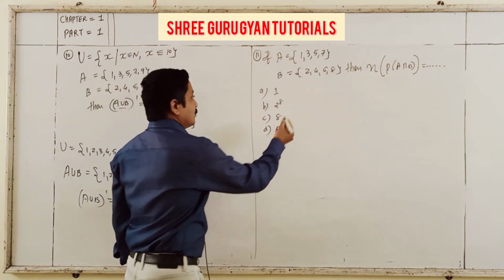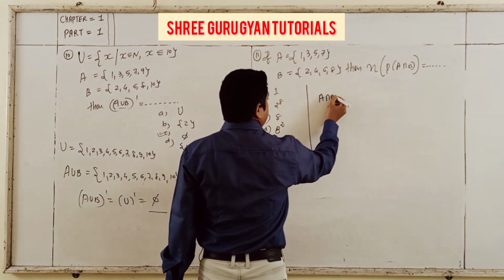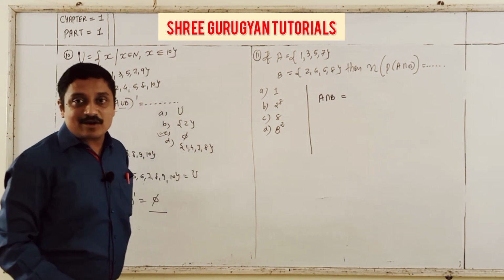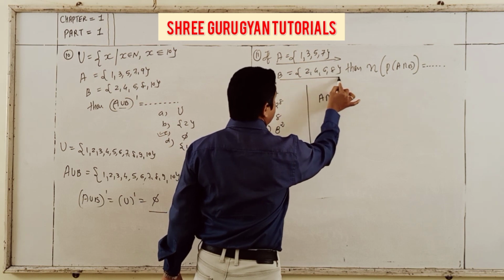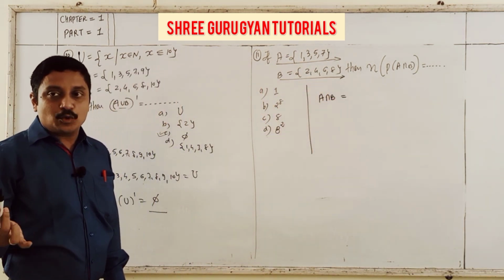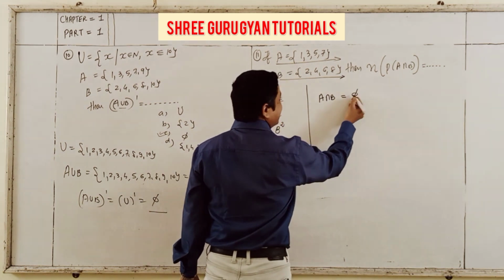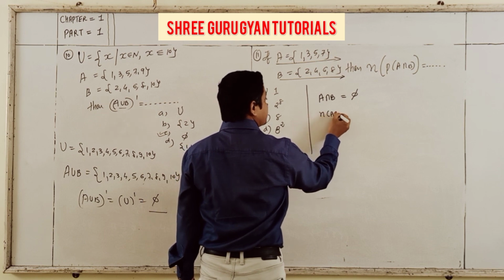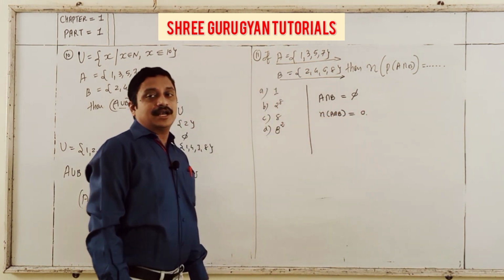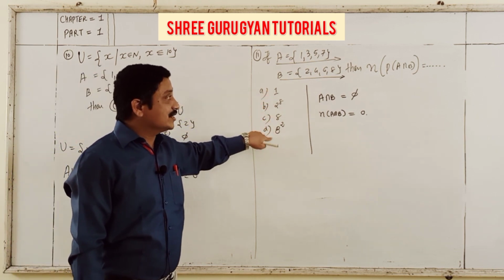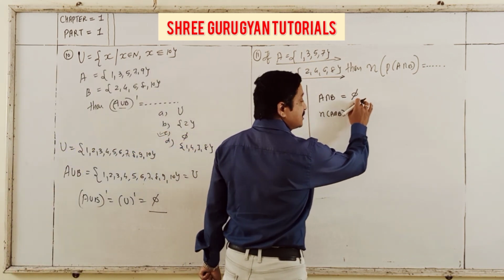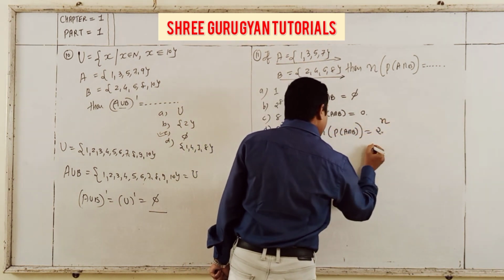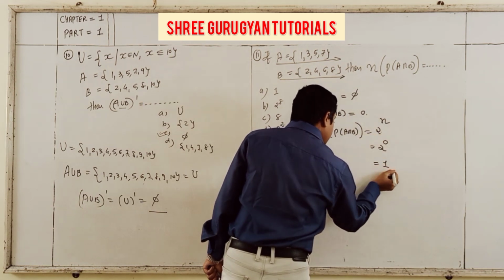First I find only A intersection B. Anybody? What is A intersection B? Which numbers are common between A and B? Nobody knows? Yes, it is a null set. So the number of elements of A intersection B is 0. Now the power set calculation: here there are no elements, so the number of elements in the power set of A intersection B is 2 raised to n, and n is 0, and 2 raised to 0 is 1.